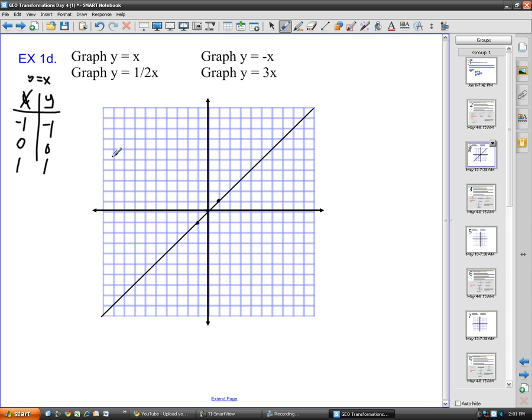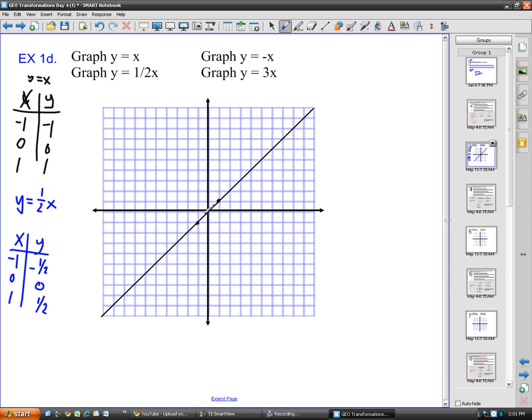If I multiply all my y values by 1/2, it's the same as taking the x values and multiplying by 1/2 also. So for the equation y equals 1/2 x, if I choose the same x values, I will get -1, 0, and 1. And -1 cut in half would be -1/2. I know you don't like dealing with fractions, but we're going to have to. And then we get a positive 1/2 when I plug the x values into the equation and solve for y.